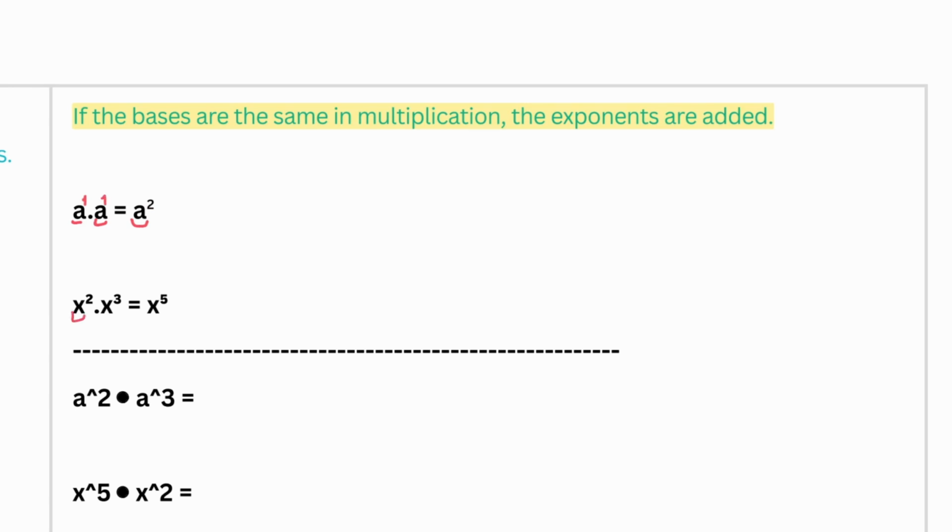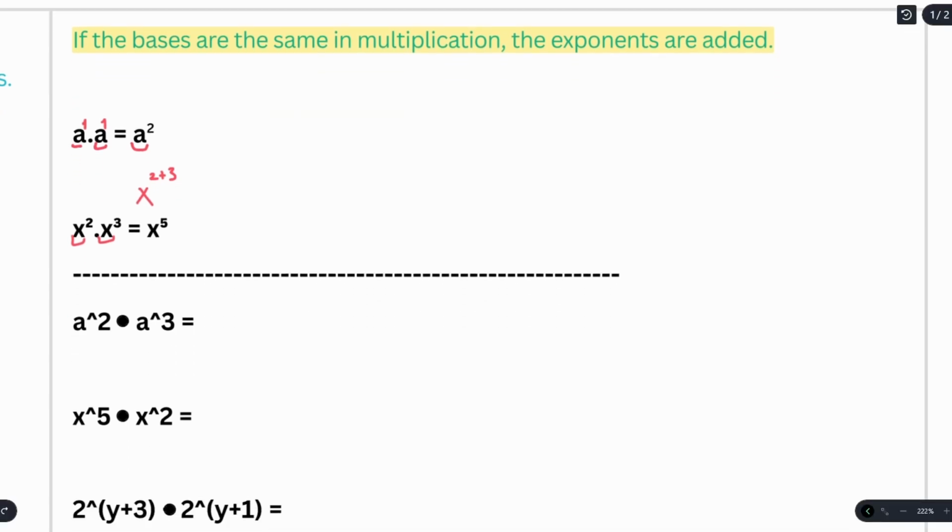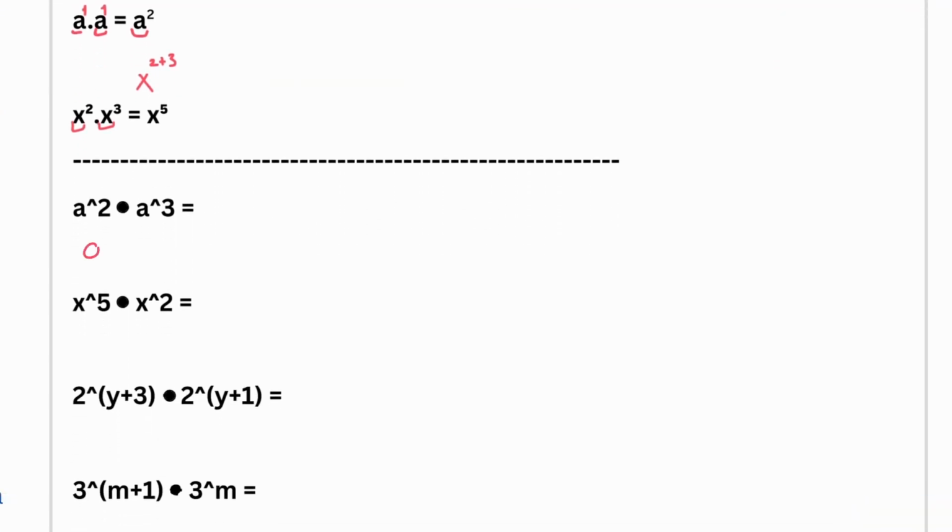Here we have x as our base, and they're being multiplied. So the answer would be x to the 2 plus 3. We're just adding the exponents, which is x to the 5. Let's do some examples. This is basically asking what is a squared times a to the 3rd.